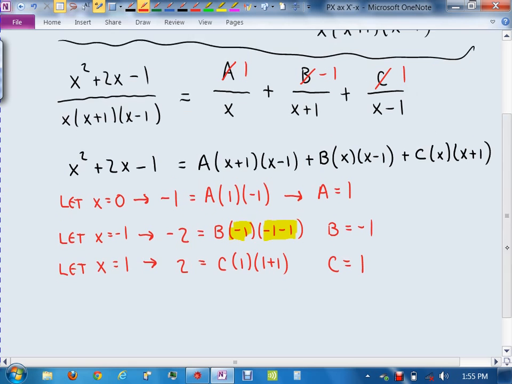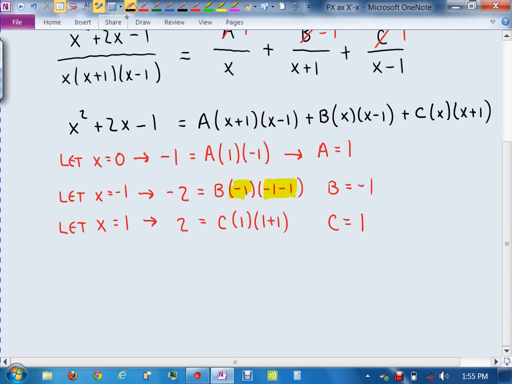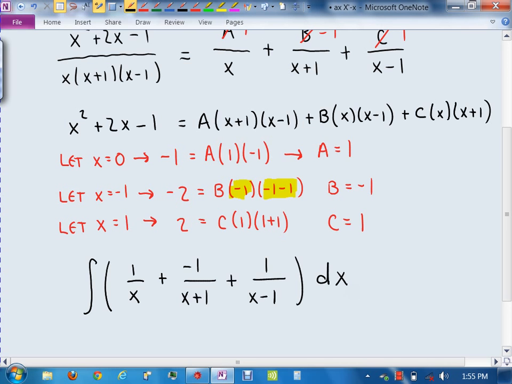And I'm ready to write down the integral. The integral becomes, and I never did synthetic division, I never did long division, so I just write these 3 terms out. 1 over x plus -1 over x plus 1 plus 1 over x minus 1 dx.